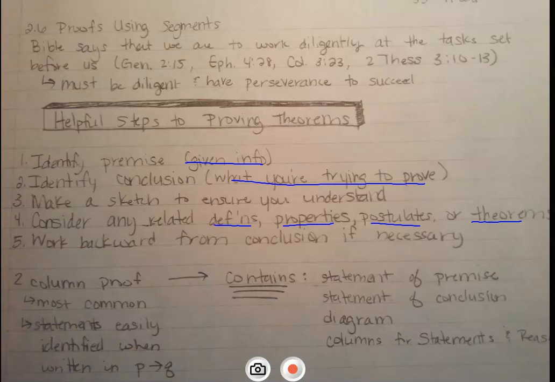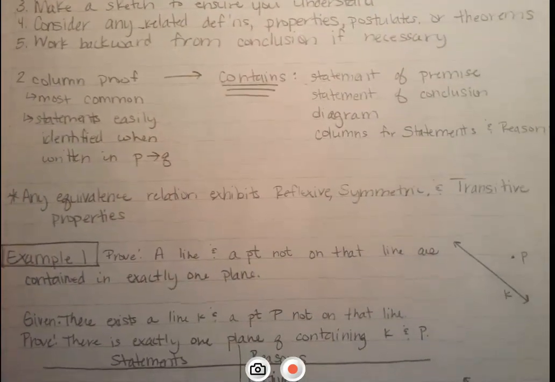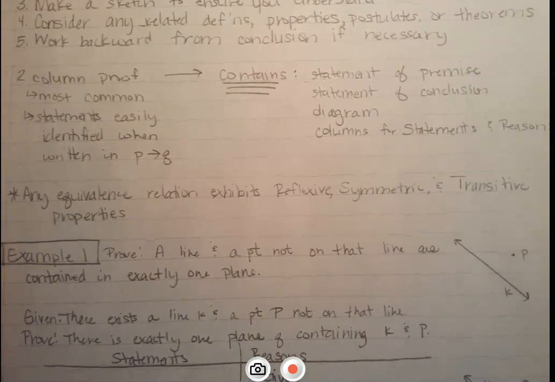Now, the type of proof that we're going to spend most of the time doing is a 2-column proof. A 2-column proof is the most common. That's why we're going to do it. And its statements are easily identified when written in that if P, then Q format.